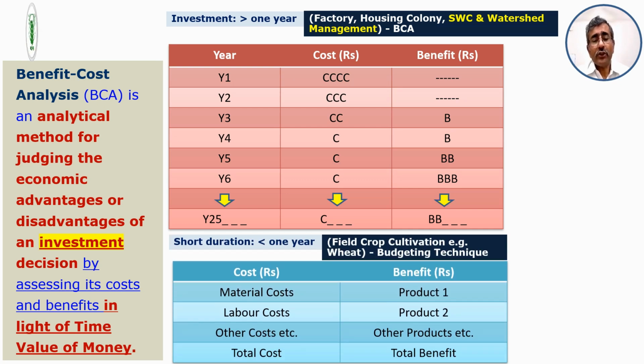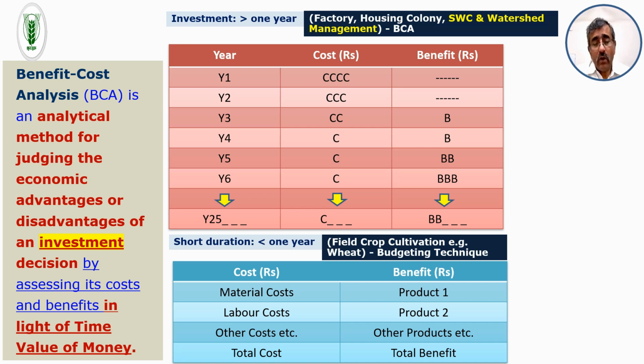Compared to a short duration one, for example, cultivation of a wheat crop, the time period involved is less than 1 year. The costs are only one-time material costs, labor costs, and other costs. And in case of benefits, there are one or more products. To do the analysis for this short duration production system, the budgeting technique is used.